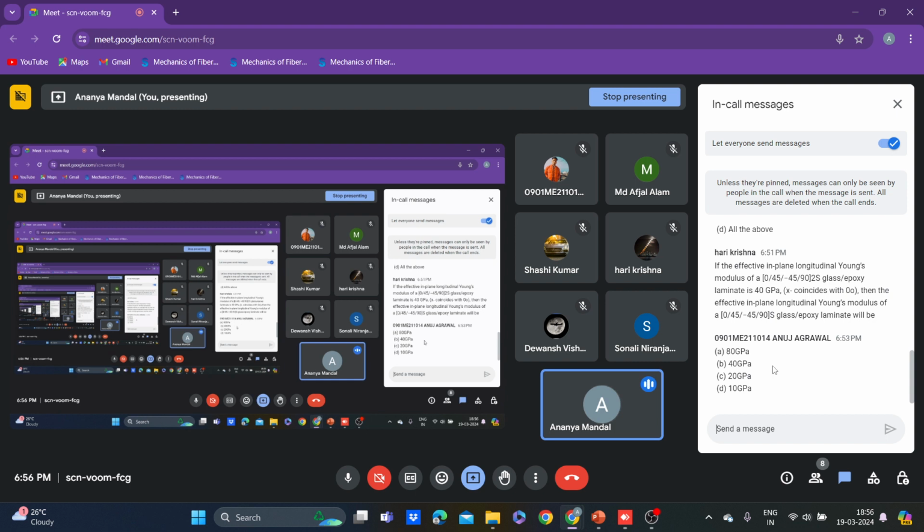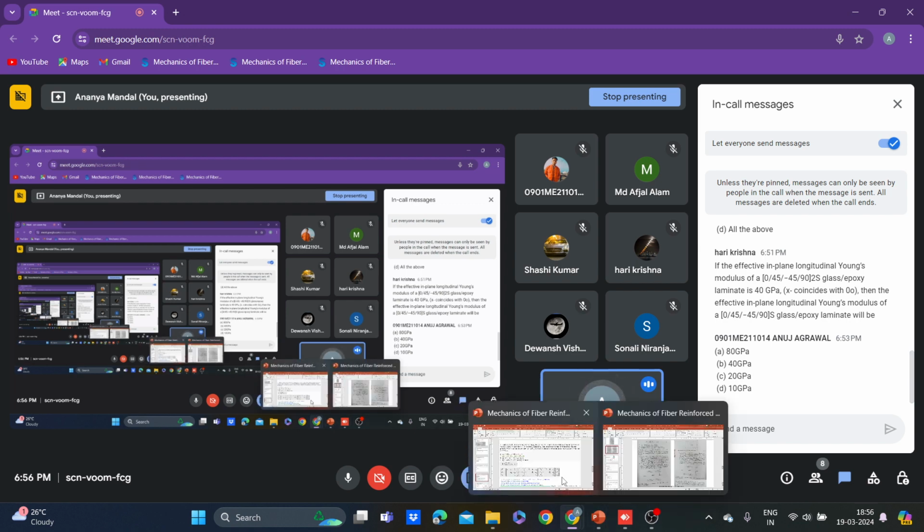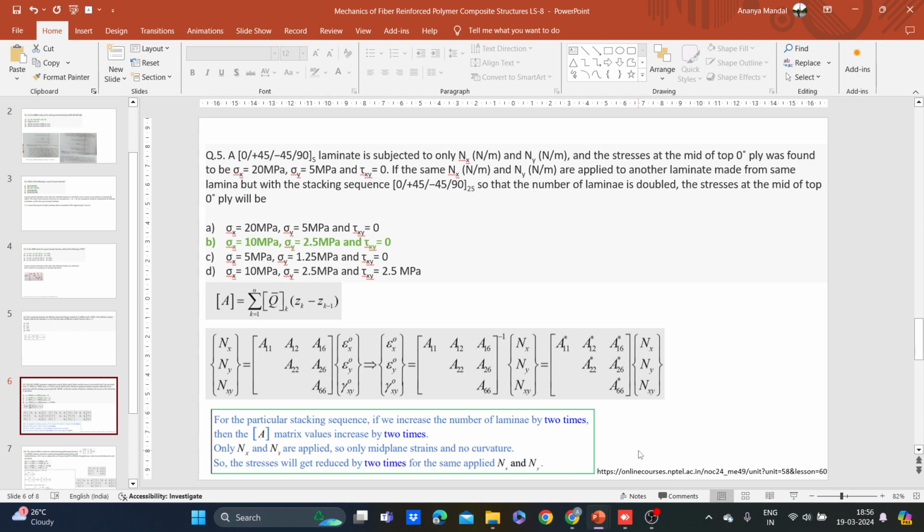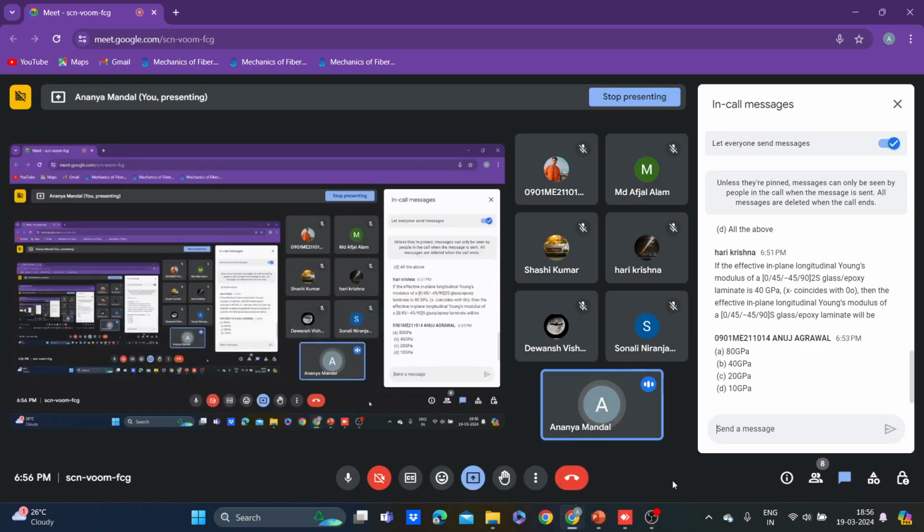Because Young's modulus will be stress by strain. In the question that I discussed here, if the sequence is becoming half, the stress is reduced by 2 times. But again, it will affect the strain also. And modulus is equal to stress by strain. So I think that relation will remain the same, but it's okay. I think it will be better you ask it in the discussion.